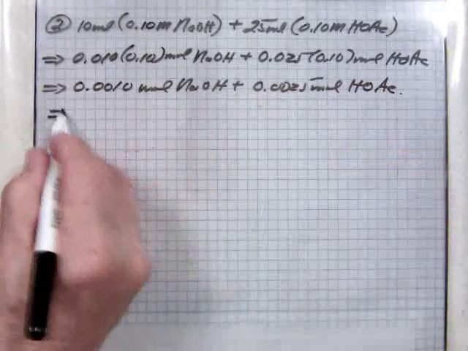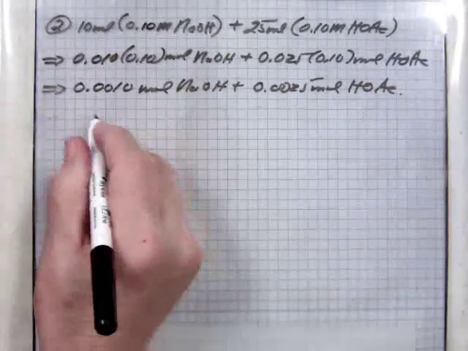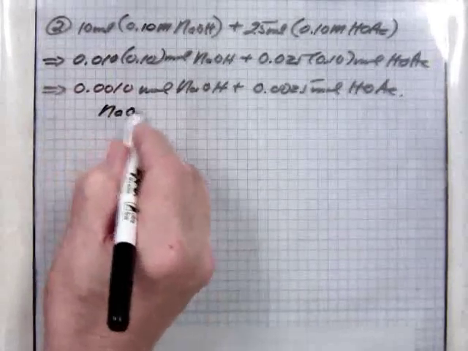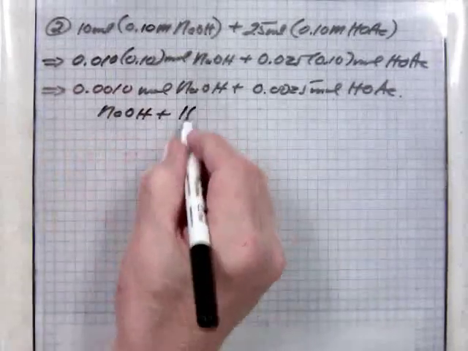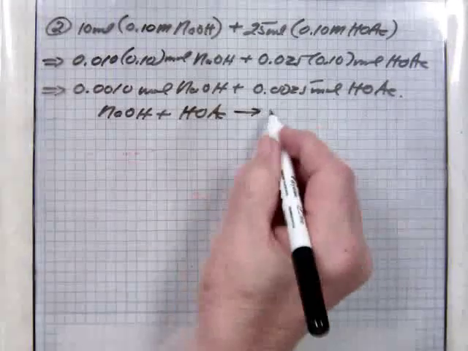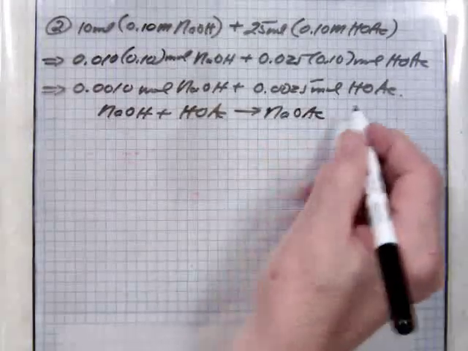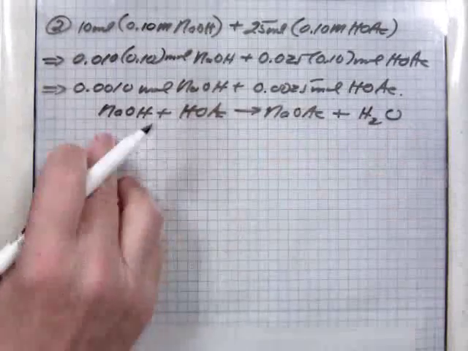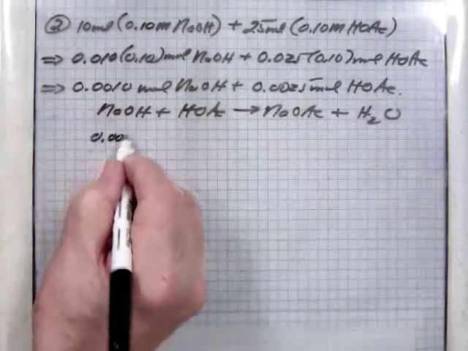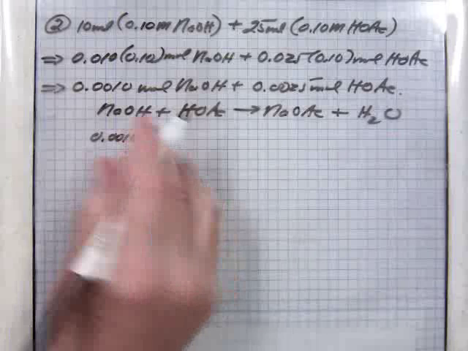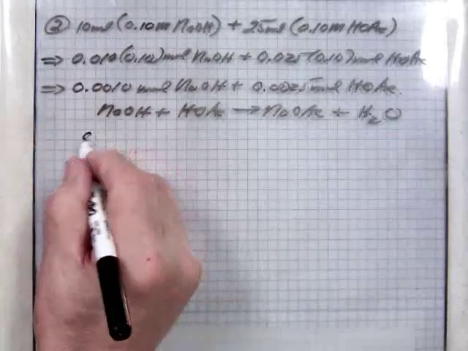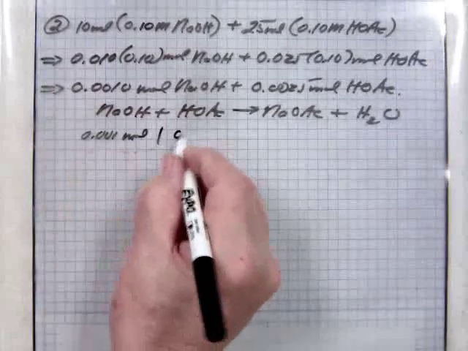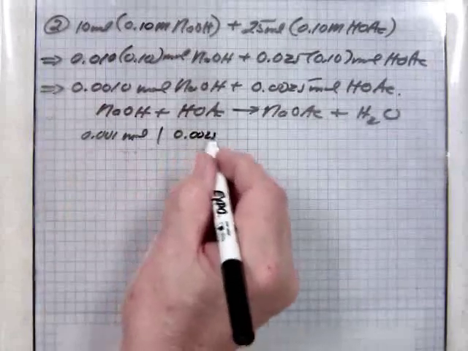So let me do this: NaOH plus HOAc goes to NaOAc plus H2O. So here we have 0.0010 mole, let me move that over a little bit, and 0.0025 mole.